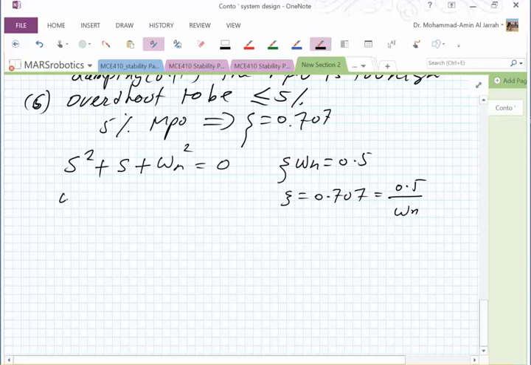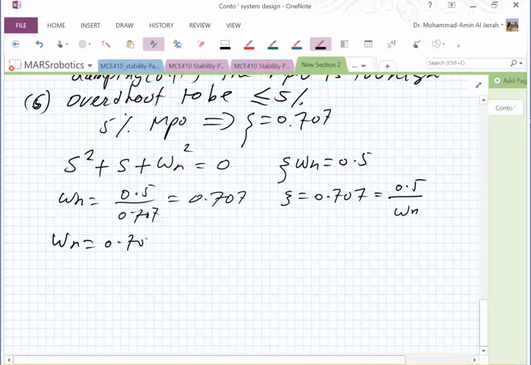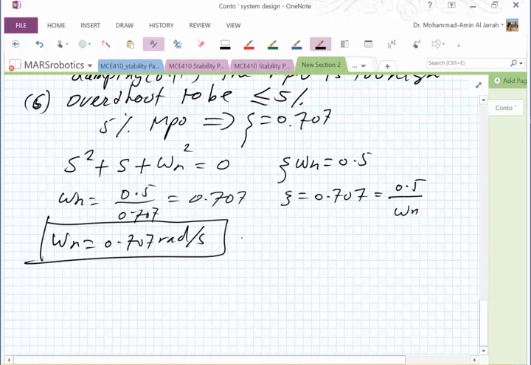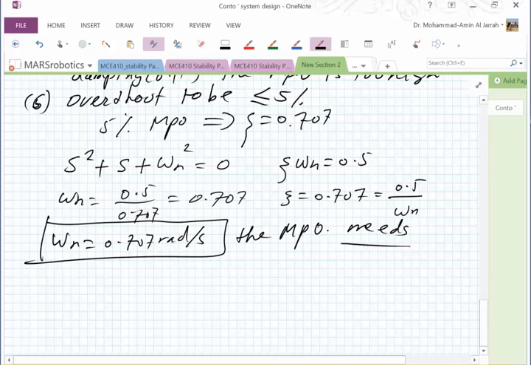Therefore, omega n equals 0.5 over 0.707, so omega n equals 0.707 radian per second. This is the omega n needed to meet the 5% overshoot.